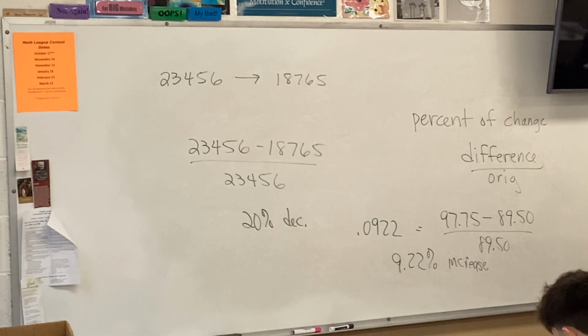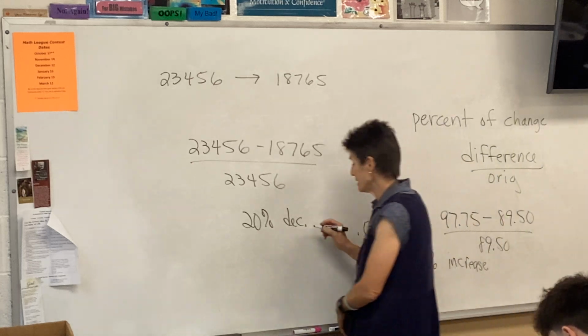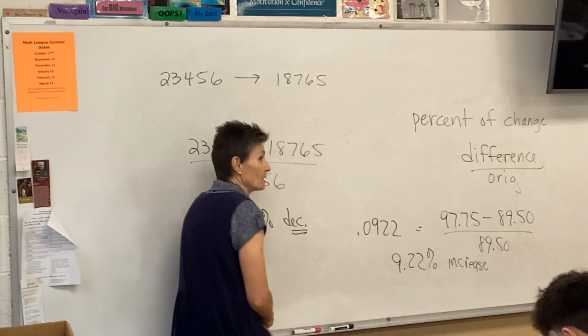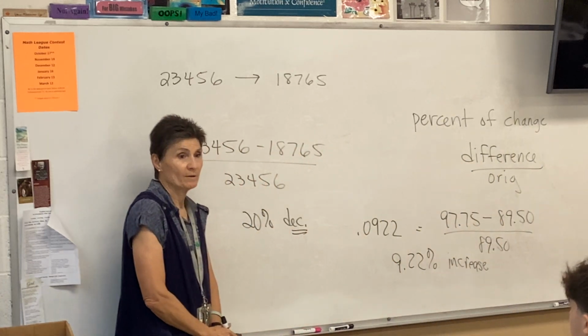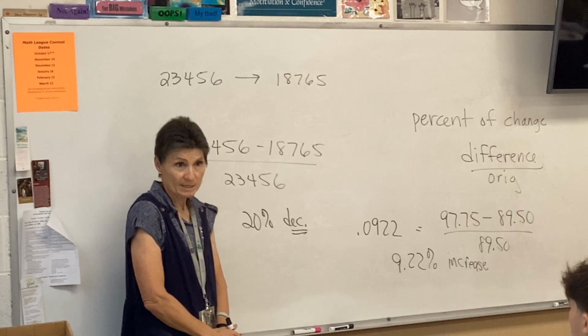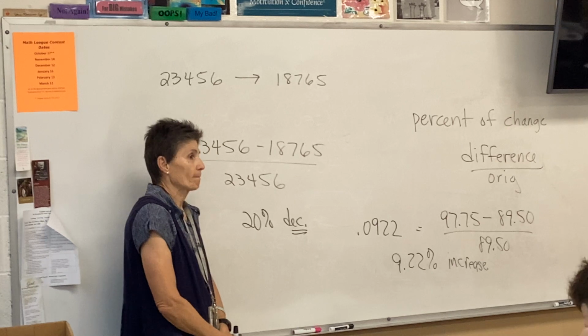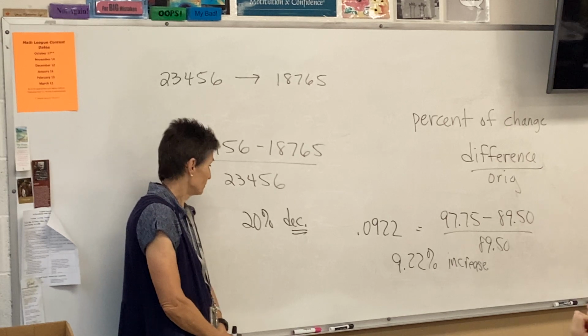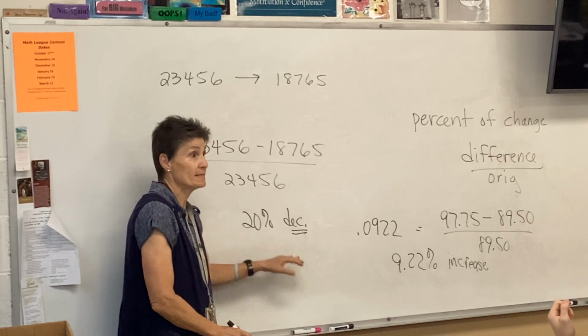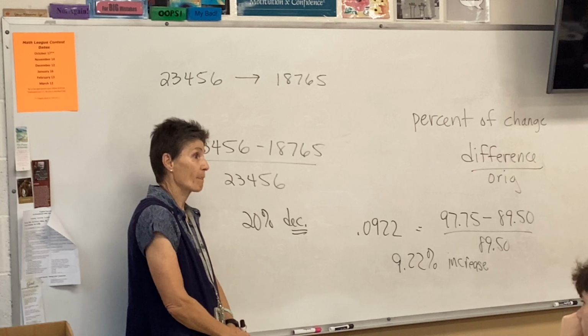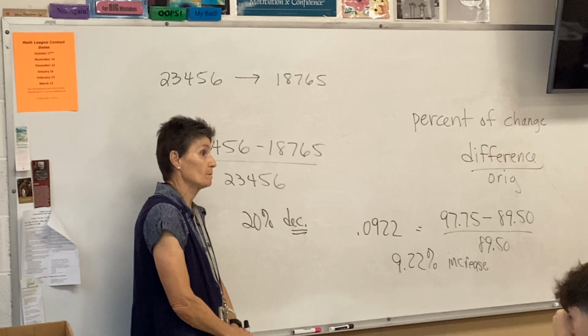So that's a 20%. And this time, it is a decrease, right? We always wanna say whether it's an increase or decrease, and you'll know by looking at it. Just say 20% decrease.